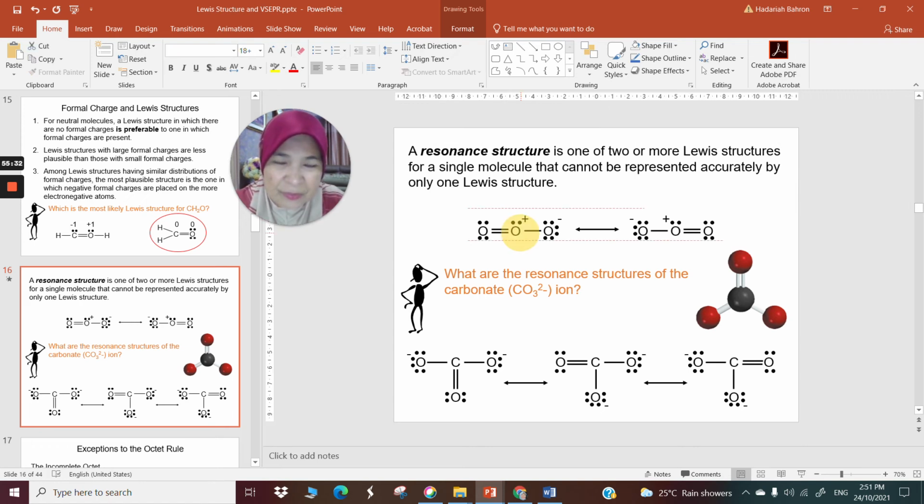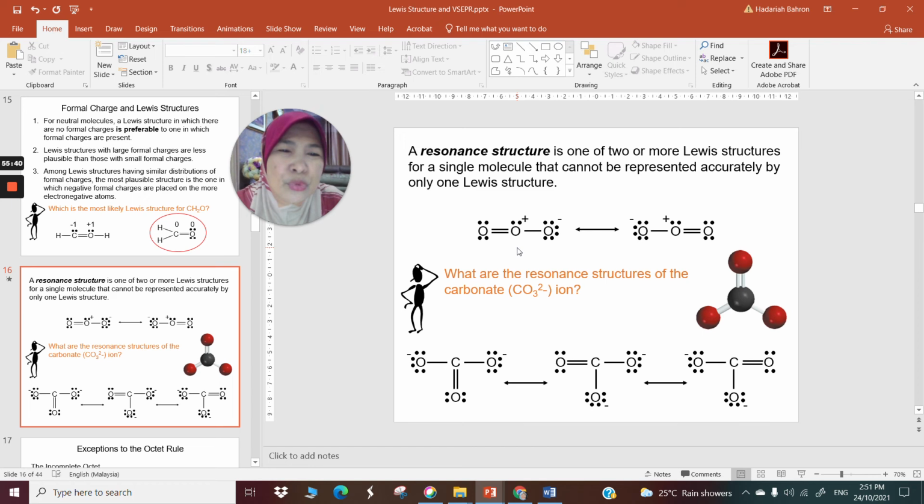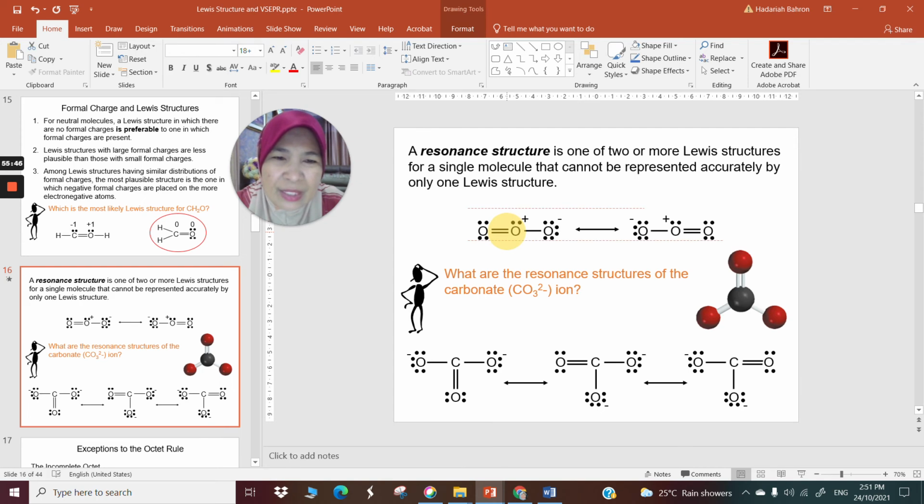When you draw the Lewis structure of ozone, you are going to have two possible scenarios. One, the double bond on the left, another one, the double bond on the right. So both of them are equally correct. So we say that the two structures are resonance of each other.